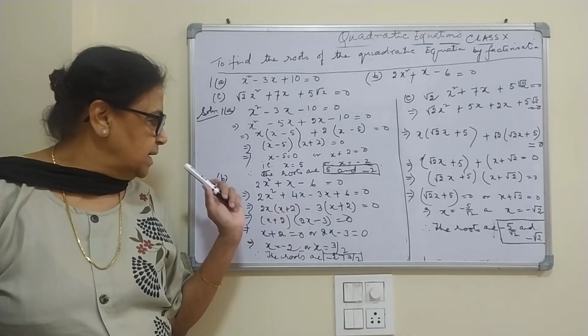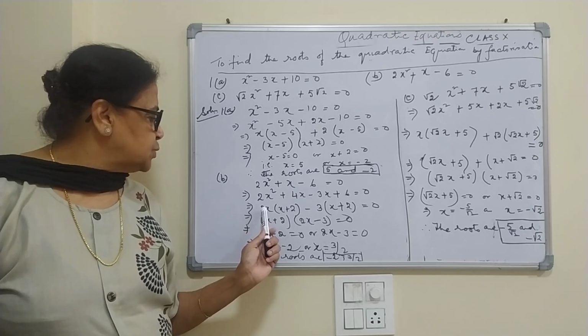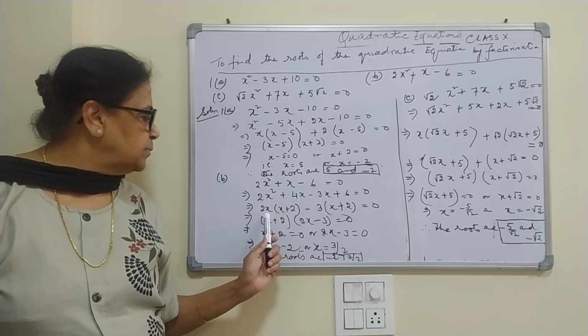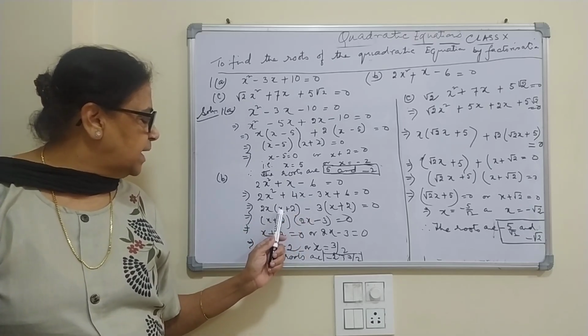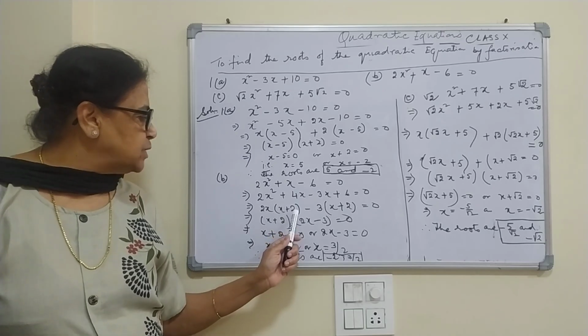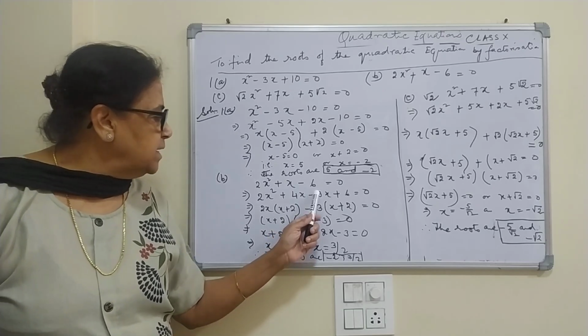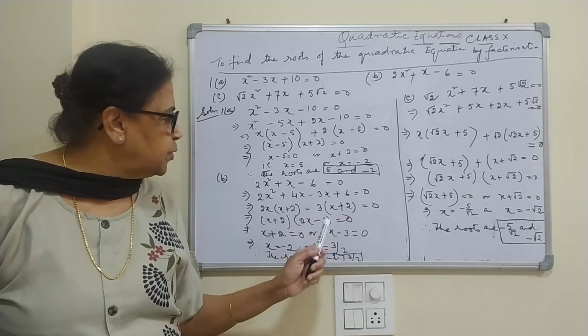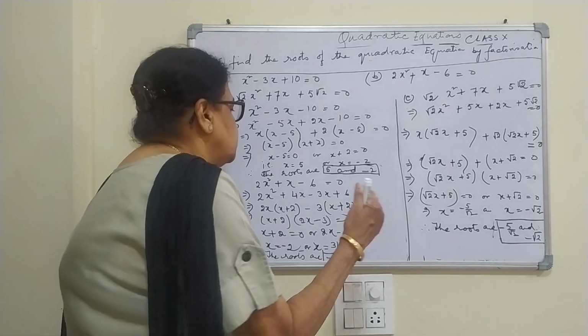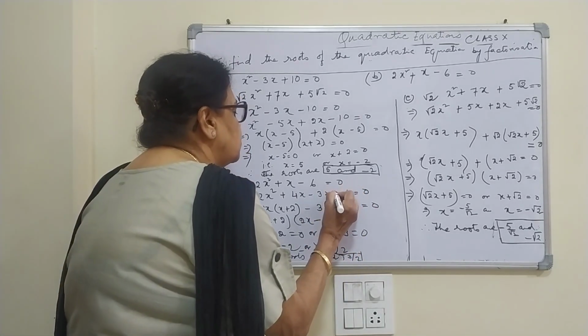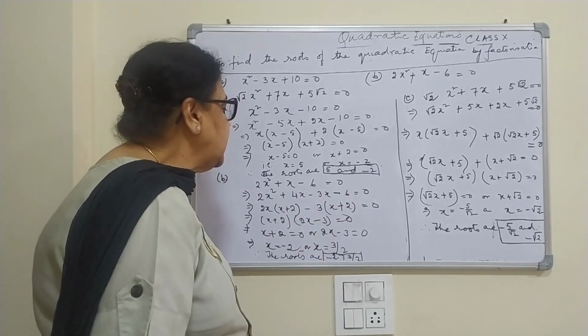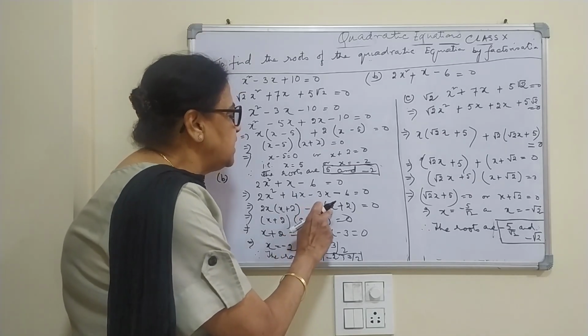Have you followed? Yes. Then from this I take 2x common, there will remain x plus 2. And from the other, if you take minus 3 common from both, we get x plus 2.